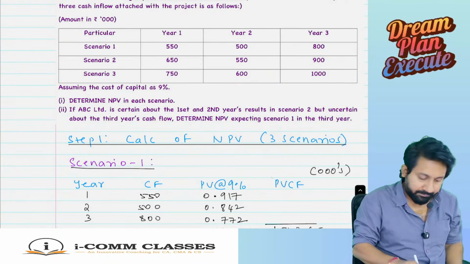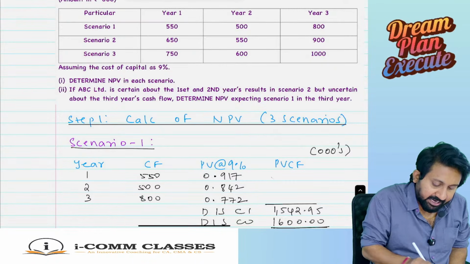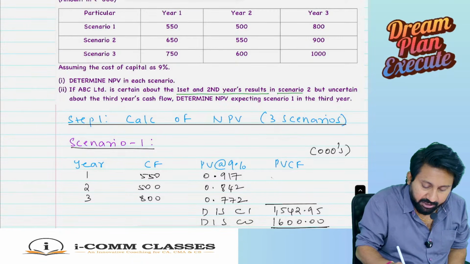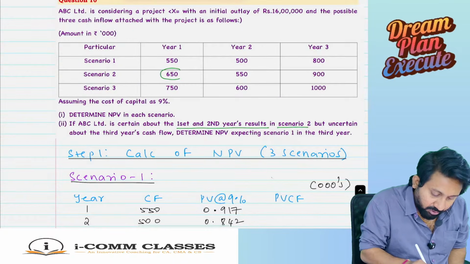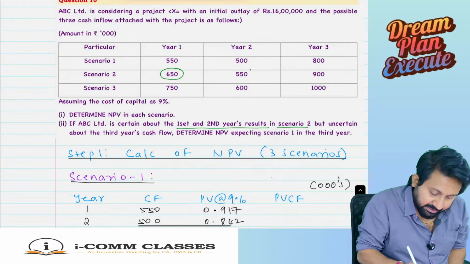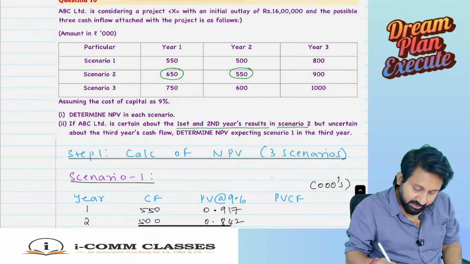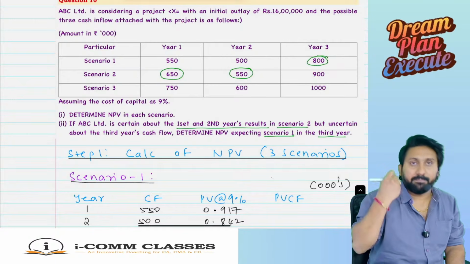See the screen. If ABC Limited is certain about the first and second year results in scenario 2, they are assuming scenario 2's first year and second year results. For the third year, scenario 1's third year result will come.